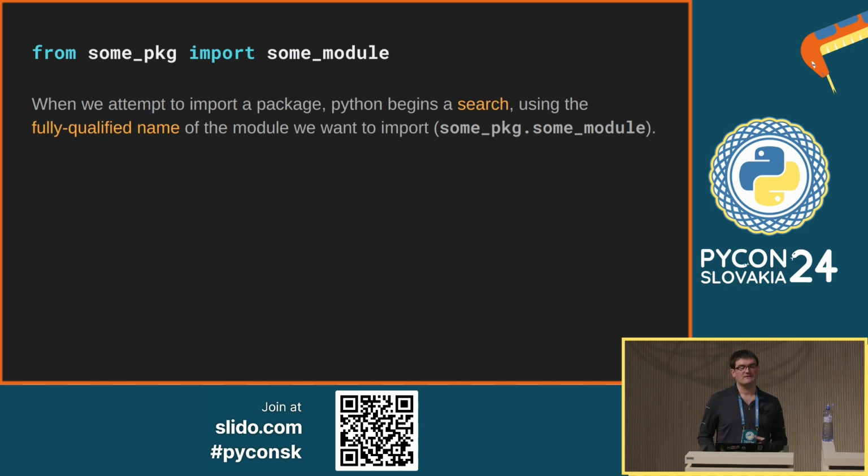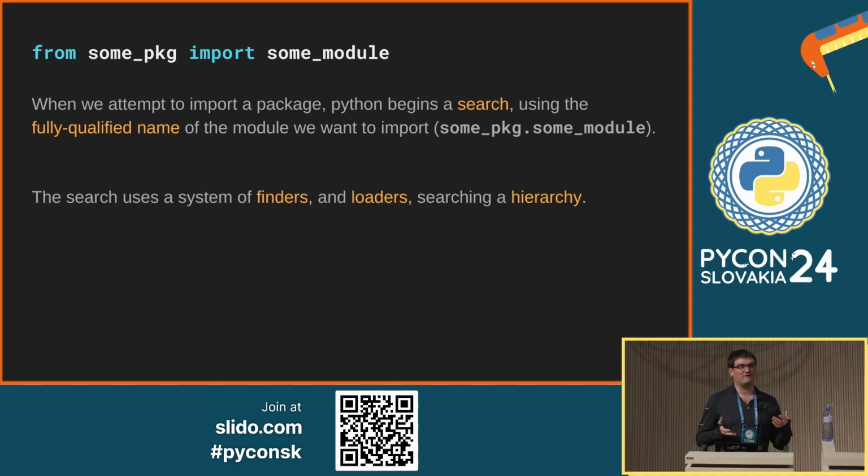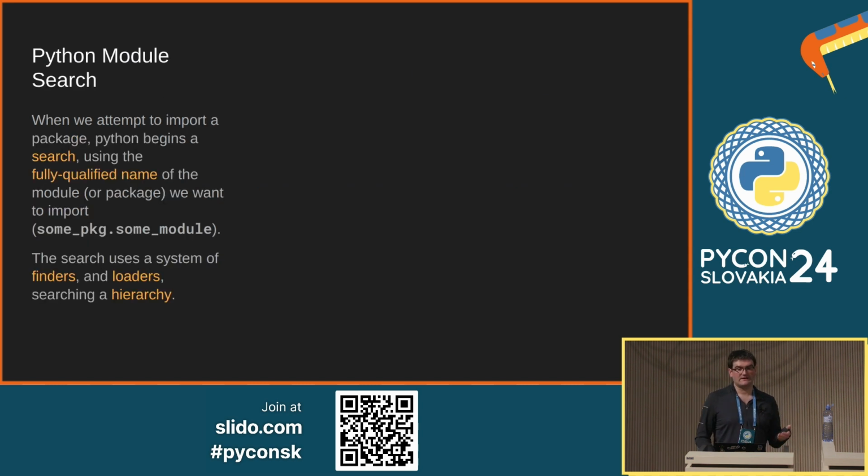If we take a look at how this actually works, imagine we're importing some module from some package. Python works out the fully qualified name for the package, and then uses a system of objects called finders and loaders, which form part of what's called the import machinery of Python. This implements a hierarchy. We start by looking through modules that have already been loaded.